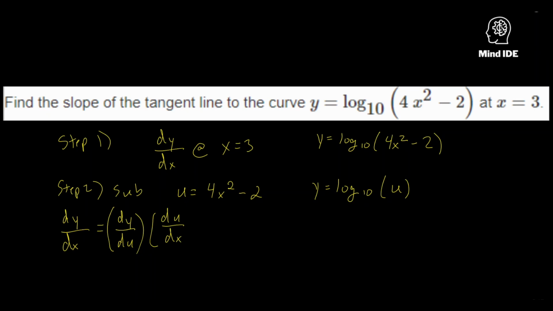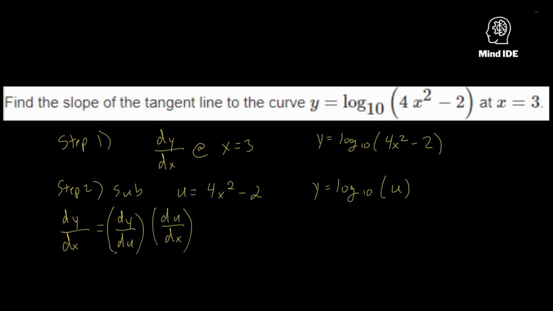And so the way that we can think of that is basically that a change in x is going to change u by du over dx, and a change in u is going to change y by dy over du.